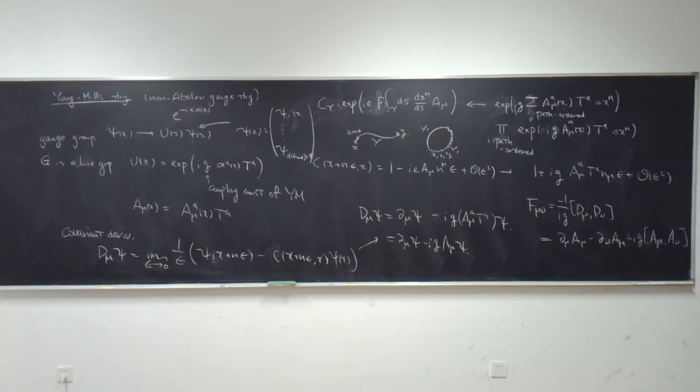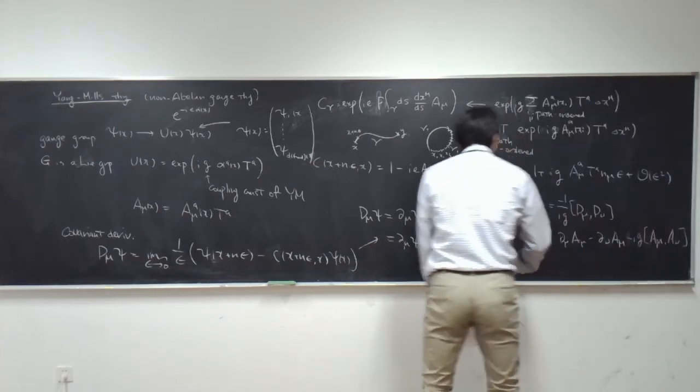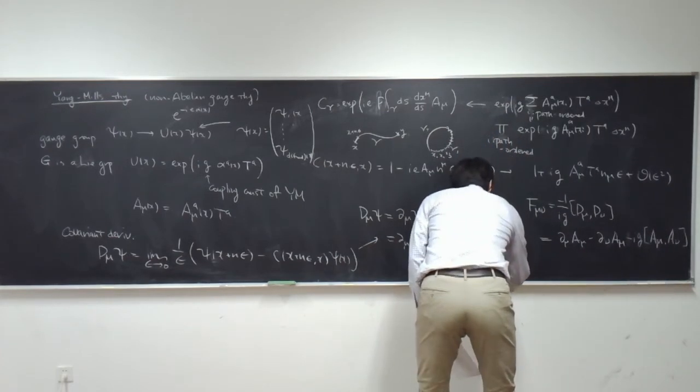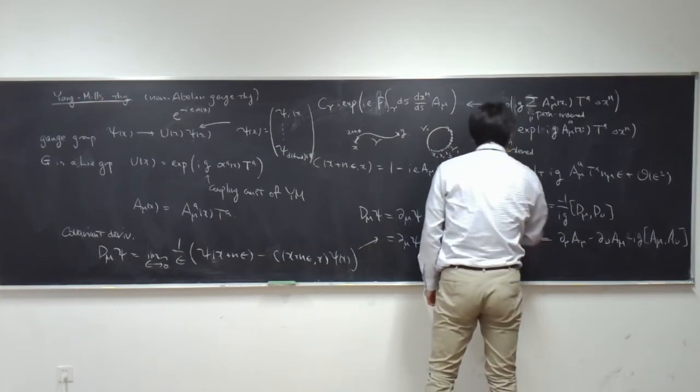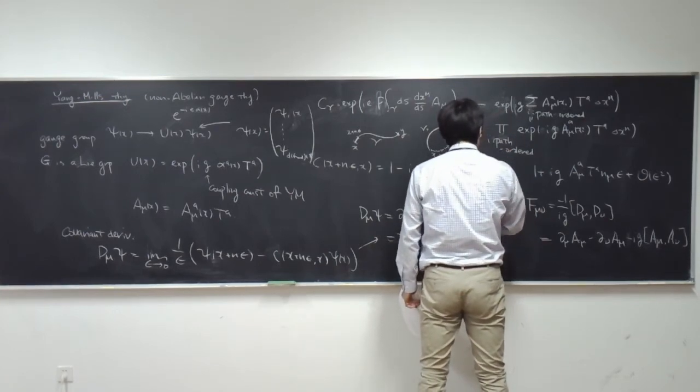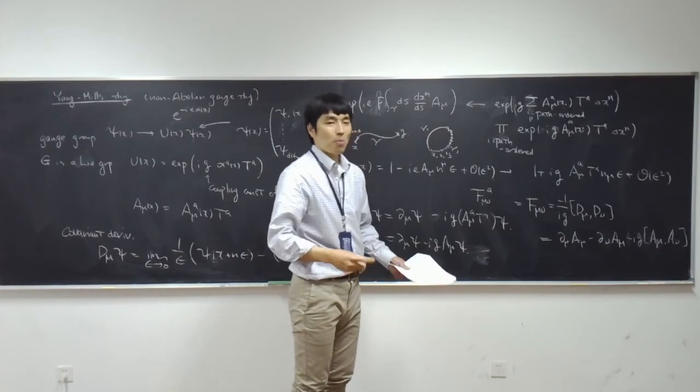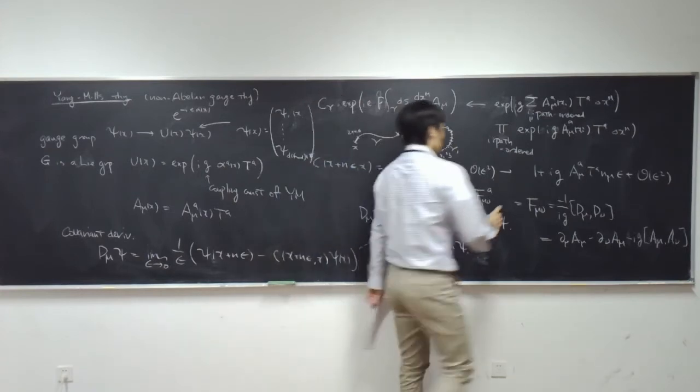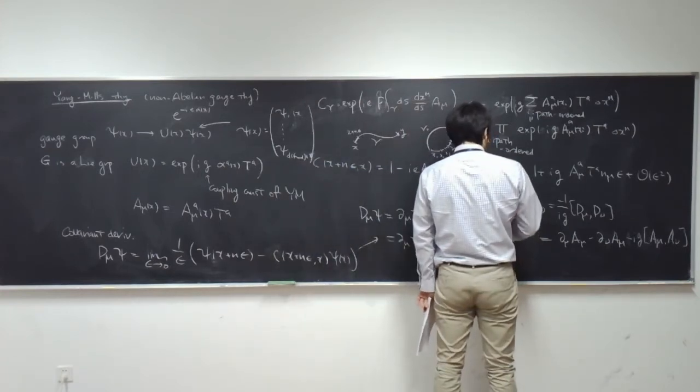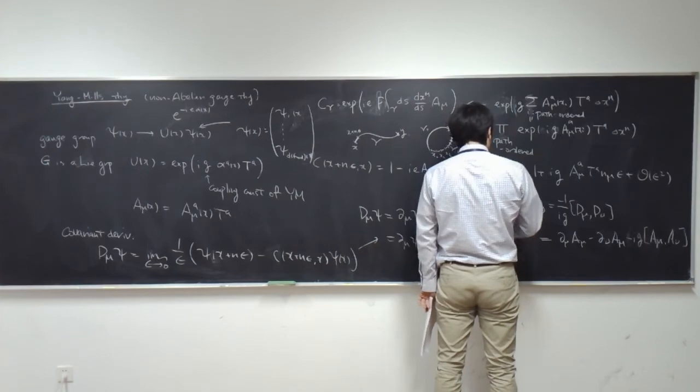In particular, if you write down the matrix value, F mu nu can be written as follows. It's Lie algebra valued, so F mu nu T^a.